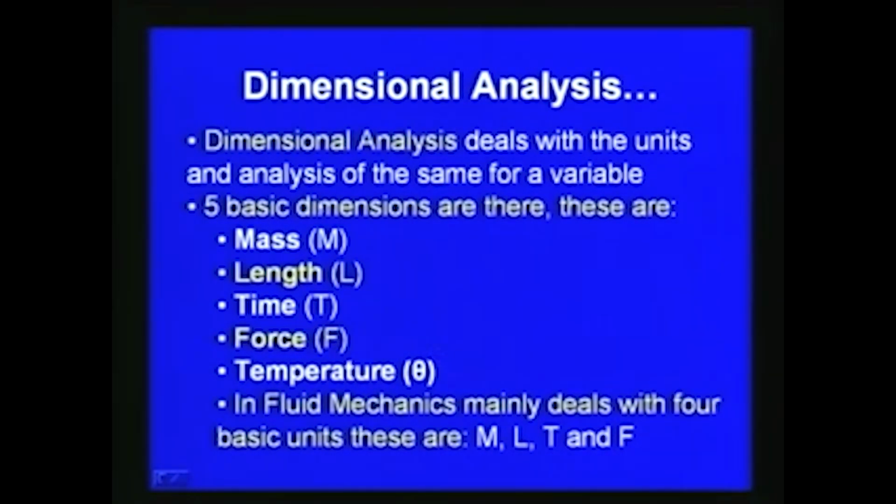Out of these 5 basic dimensions, most fluid mechanics problems deal with mass, length and time, or force, length and time. Temperature is used depending upon the problem, especially for thermodynamics problems.